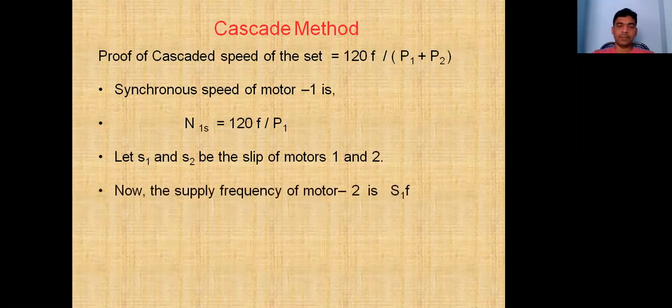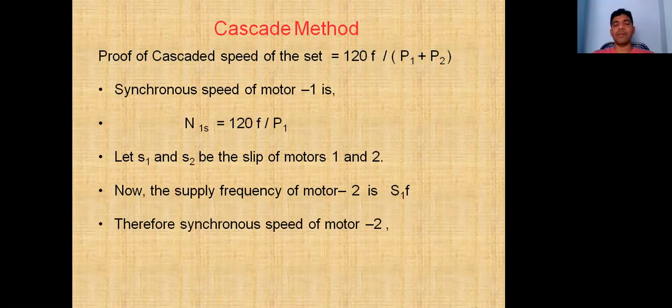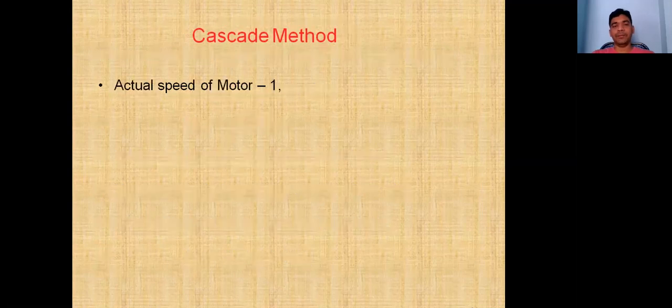Now, the supply frequency of motor 2 is S1 into F. Therefore, synchronous speed of motor 2, N2s, is equal to 120 S1 F by P2.